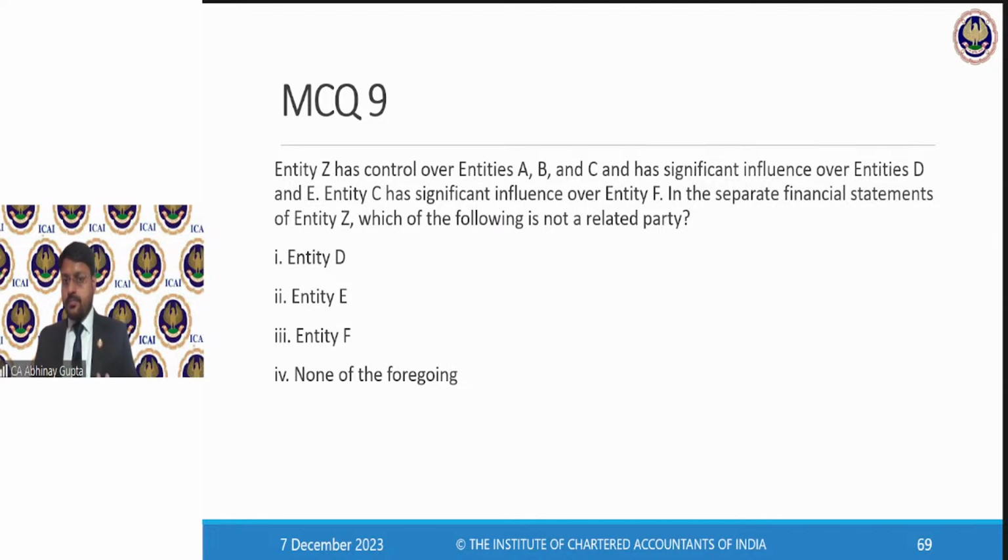So instead of reading the paragraph again and again, start drawing the chart immediately as you read, right? So that your chart gets ready immediately and then you can quickly answer. Otherwise, you will end up spending much more significant time than required to answer the MCQ. So this MCQ is easy, but the chart needs to be popping up in your mind immediately as you read through the statement. And that can happen only by practice. Practice a lot.